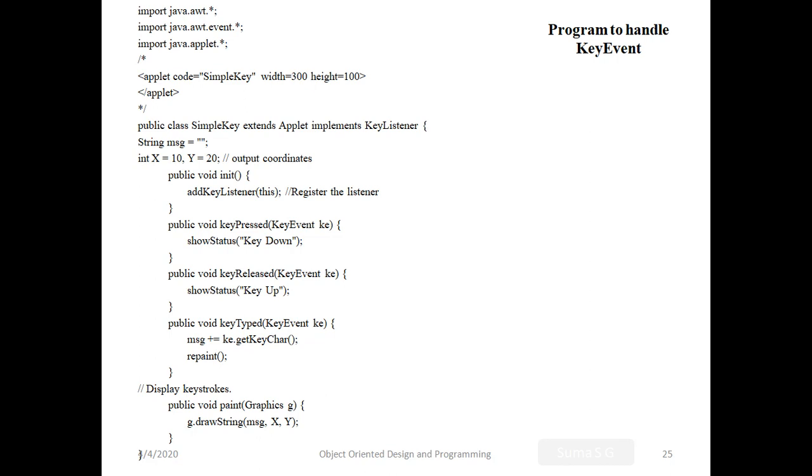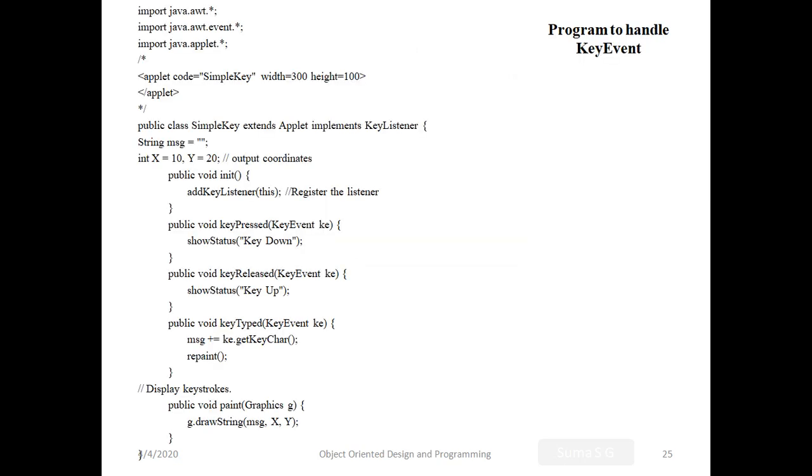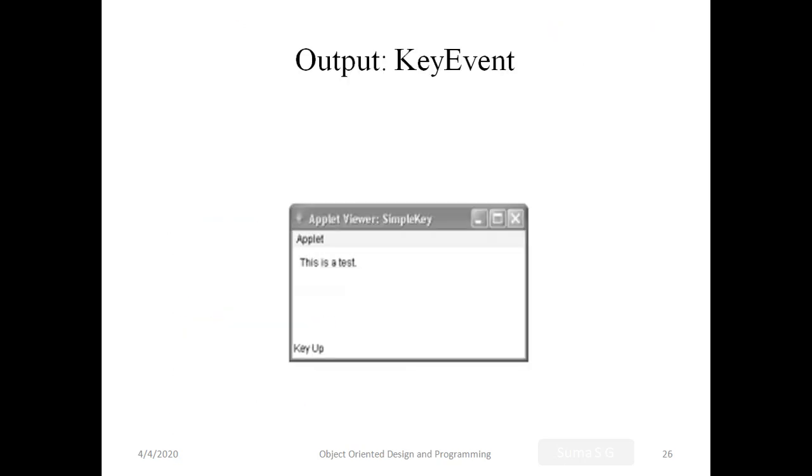Now the output of the program is, you get an applet window with width 300 and height 100. Okay, now I have typed some characters, right? So when I press a key, it will print key down in the status bar.